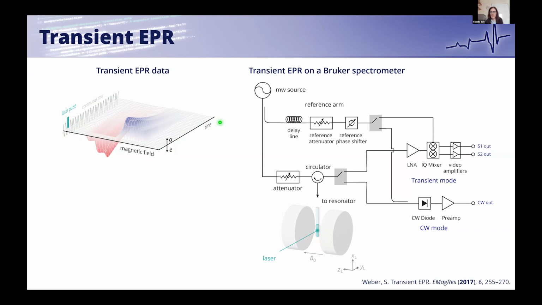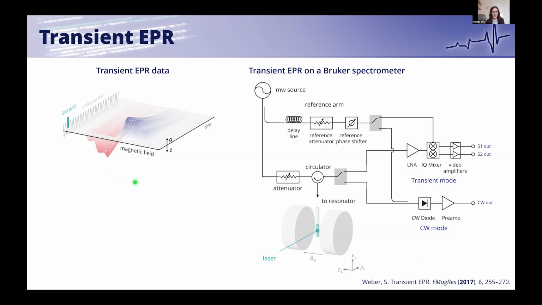So how do you do it technically on a Bruker EPR spectrometer? There are two ways to record transient EPR. You first turn field modulation off, and then you can either detect the signal using the diode in CW mode, or you can use what's called transient mode, where it uses the quadrature detection system for pulse EPR to get both in-phase and out-of-phase contributions, and also one of them will then give you this 2D spectrum.